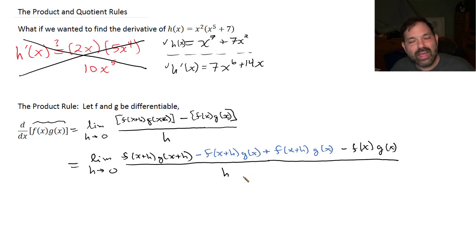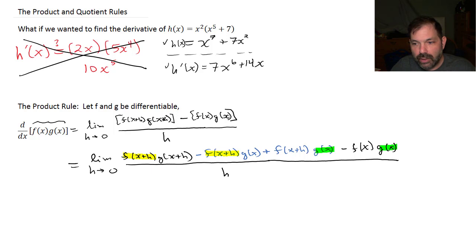You might say, well, why do this? Well, this particular quantity, if you notice, now has a factor in common with each of the original terms. Notice that if we compare the first and second terms, they have a common factor of f of x plus h. And if we compare the third and fourth terms, they have a common factor of g of x.